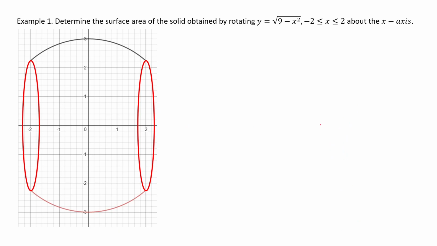So example number 1, let's say you're going to determine the surface area of this equation, y equals 9 minus x squared, from negative 2 to 2 about the x-axis. You have many hints in the equation. The limits are from negative 2 to 2.